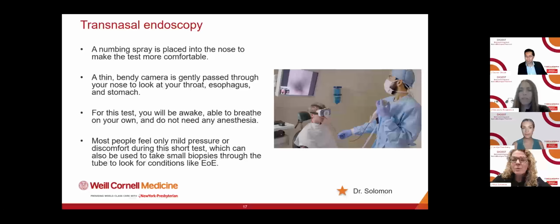So these are patients who may have had a few endoscopies and maybe they've decided, I don't want to be sedated anymore. I don't like how the anesthesia makes me feel. And I'd rather come back and have transnasal endoscopy because they don't have to worry about feeling tired. They can go to their sports events in the evening, or they could take a test in the morning and not feel hungry because they have to fast for a long period of time.